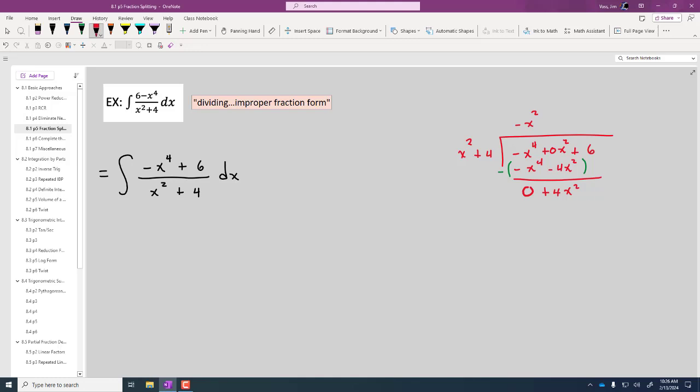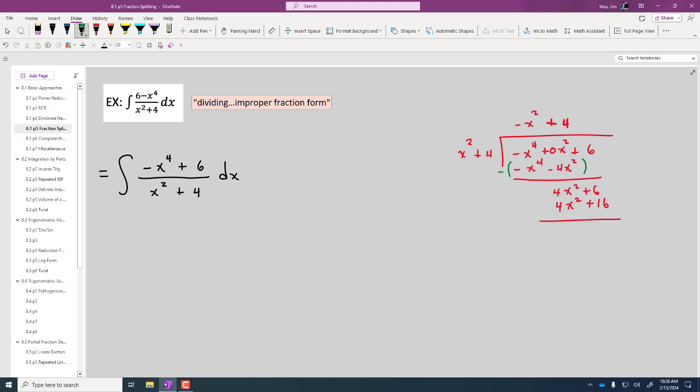And we drop the 6 down. And we don't need that 0 out in front, so let's get rid of it. Plus 4. So now we're going to add 4. We're asking ourselves what multiplied by x squared matches that 4x squared. So answer plus 4. So that's going to be 4x squared plus 16.